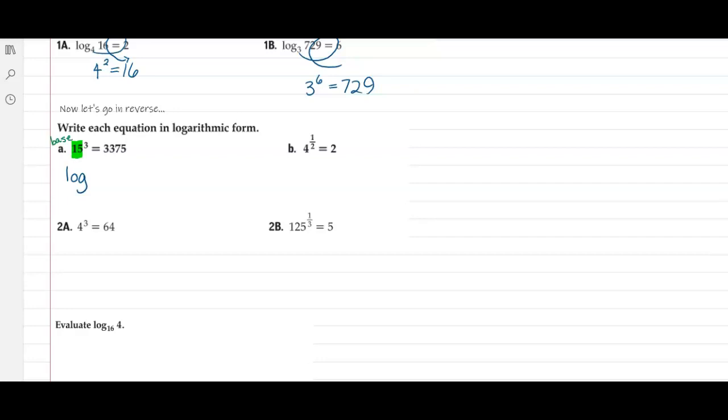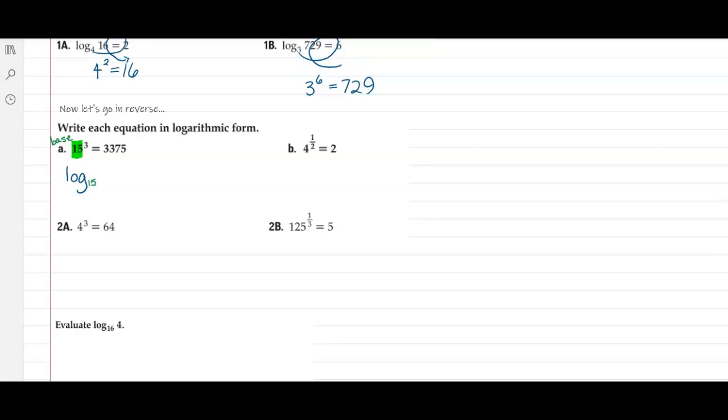And 3 was its exponent. So when we write the base, it's going to be this small number, kind of the subscript, if you will. I remember it because the base of a pyramid or the base of anything is usually low to the ground. It's not high up in the air. So the base stays low. We put the base low.